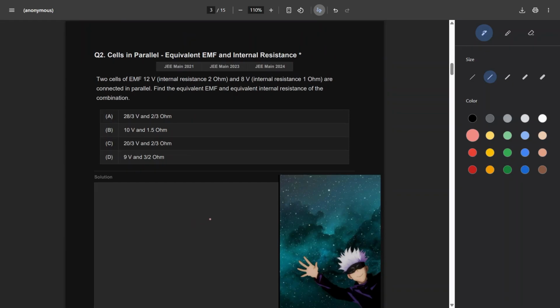Next what we have? We have here the parallel combination. यहाँ बस आपको ये फॉर्मूले याद रखना है. E effective as R effective as summation over Ei by Ri, right? So first we find R effective. For R effective, we have two. We have a 12-volt cell with 2 ohm and an 8-volt cell with 1 ohm. Simple. So we do 2 times 1 by 2 plus 1.